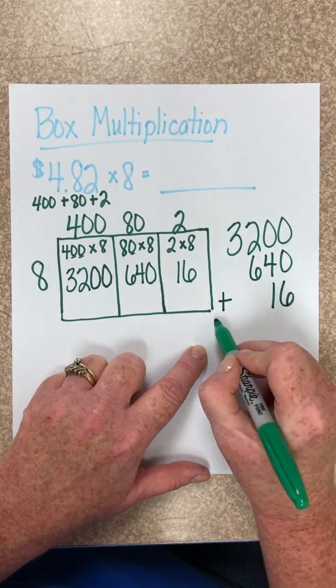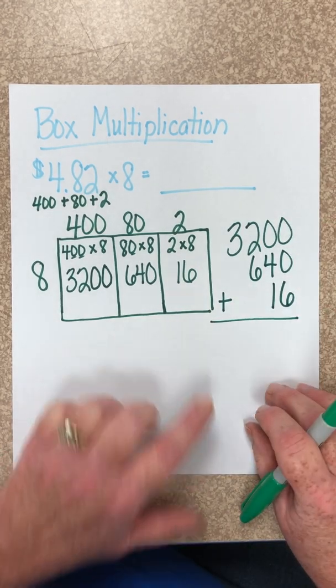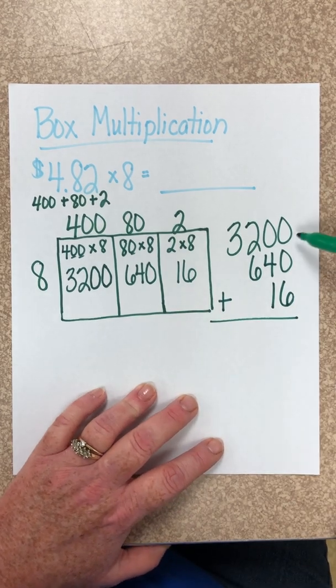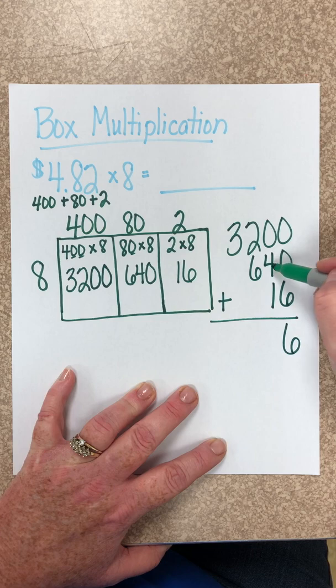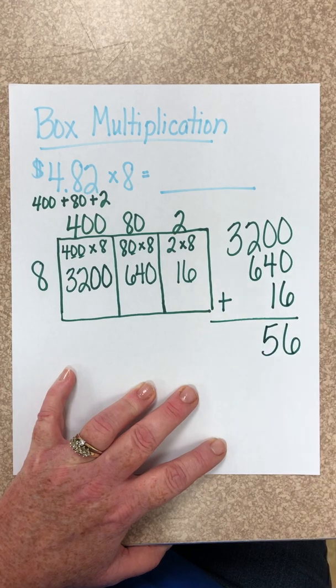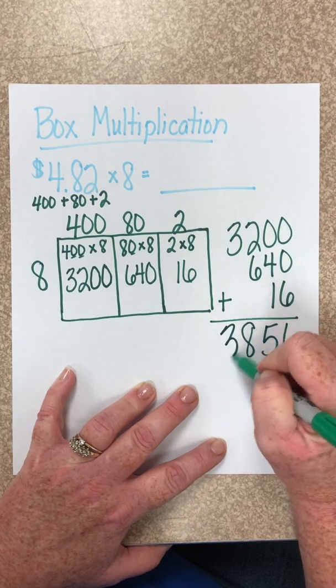Please be sure you line up these numbers very neatly. That will avoid mistakes. 0 plus 0 plus 6 is 6. 0 plus 4 plus 1 is 5. 2 plus 6 is 8. And we're going to bring down the 3.